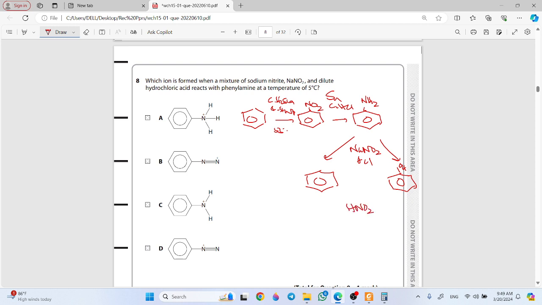It is made in situ, inside the reaction vessel, right? If you maintain room temperature, you will get phenol. But if you maintain the temperature at 0 to 5 by putting ice crystals, you can get diazonium salt. So in diazonium salt, nitrogen is bonded to 4. That's why this nitrogen should have a slightly positive charge.